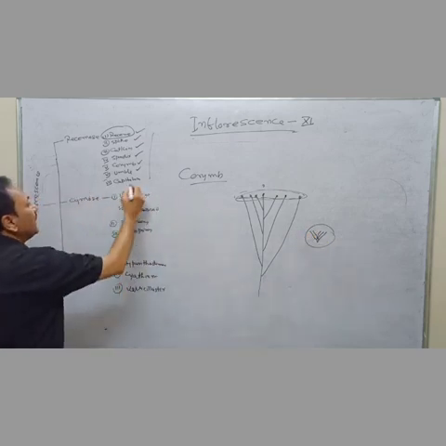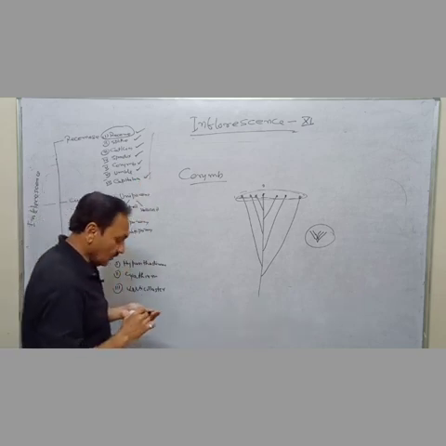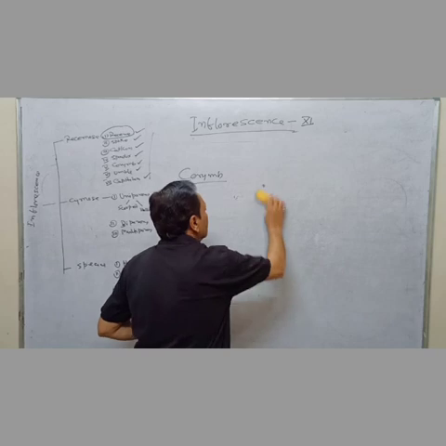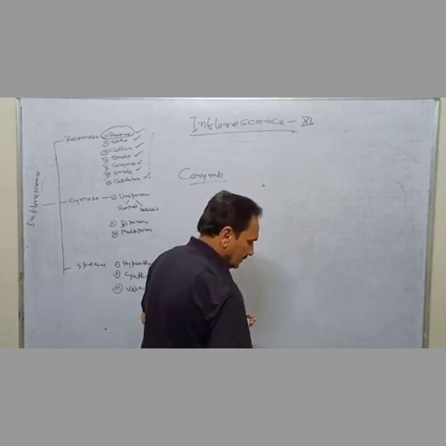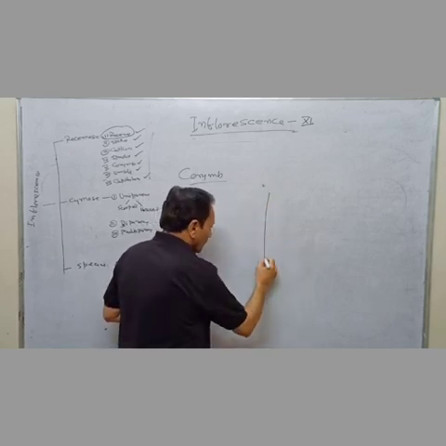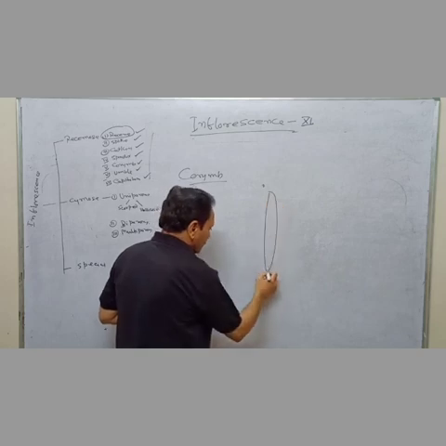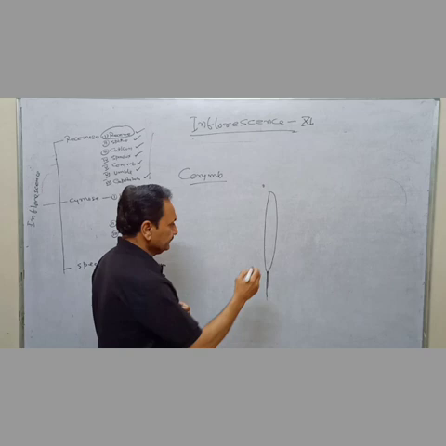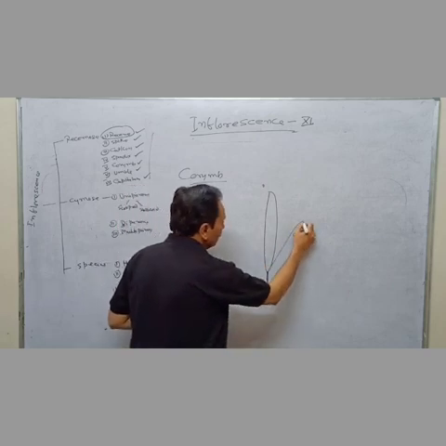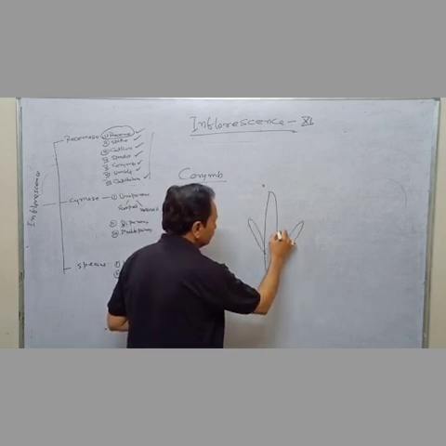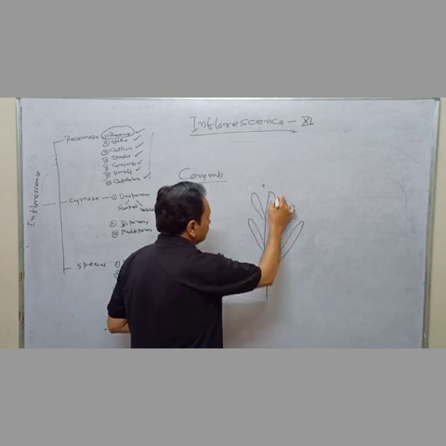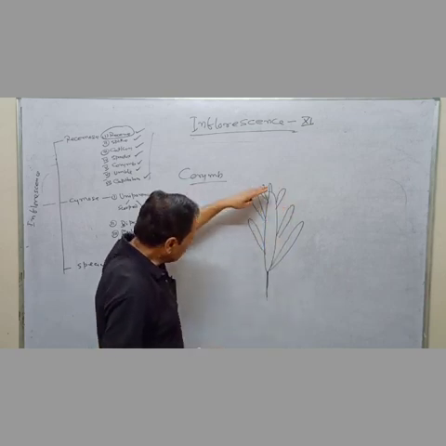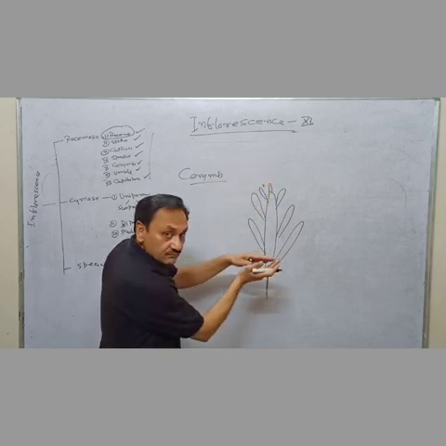And in case of capitulum, suppose this is the peduncle, this one is the flower, and due to certain cause it has been condensed.